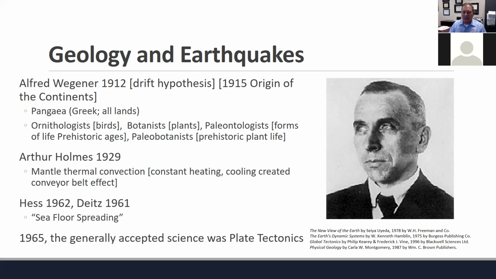Early on, he was again dismissed rather outright. But over time, we began to understand, and later was able to confirm that his hypothesis in 1912 was actually true. Hess in 1962 and Dietz in 1961 both conducted studies that actually confirmed that different plates of the continents were drifting and were moving and were constantly moving.